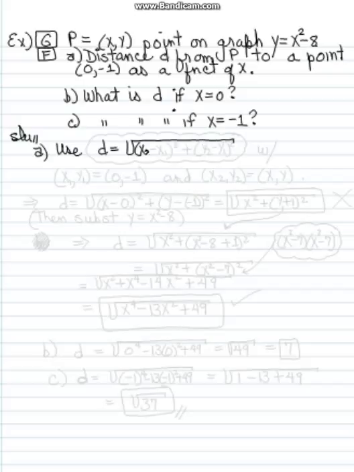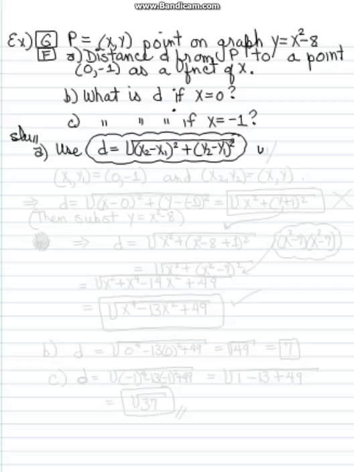Given 2 points, (x sub 1, y sub 1) and (x sub 2, y sub 2), the distance is equal to the square root of the difference x sub 2 minus x sub 1, squared, plus the difference y sub 2 minus y sub 1, squared, and then take the square root of the entire amount.